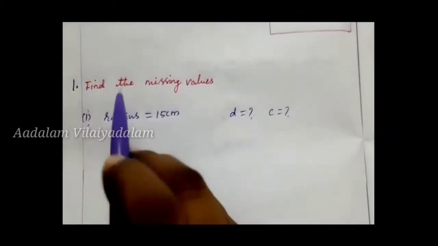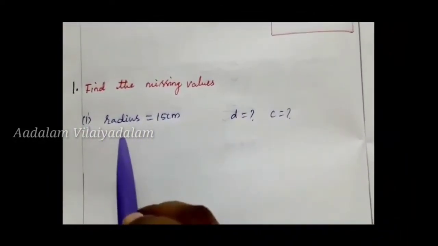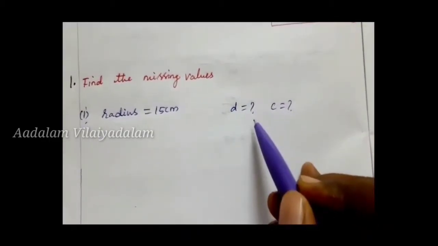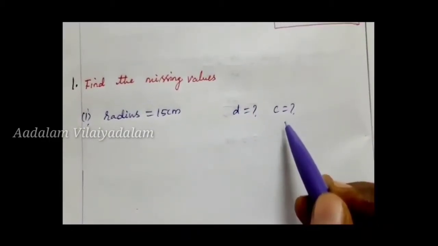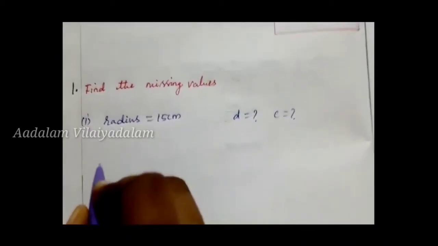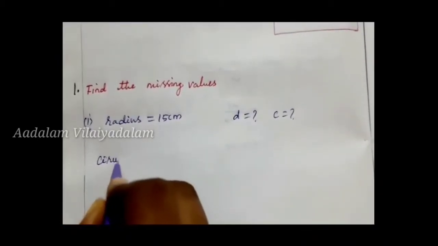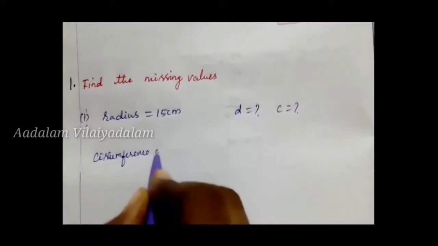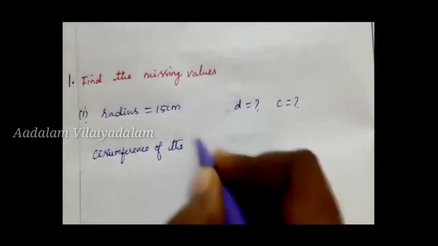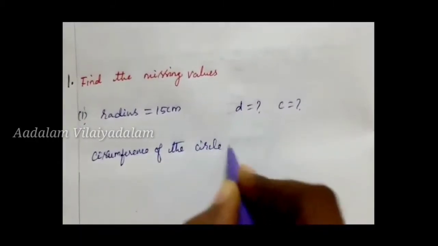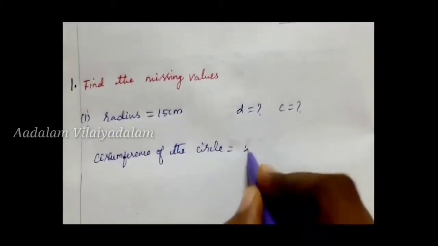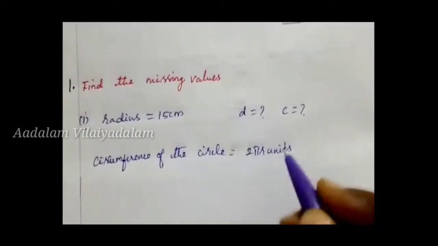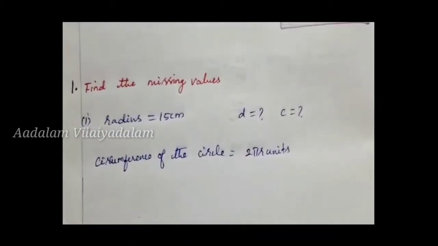In the first question, the radius, 15 centimeter, is given. We need to find the diameter and the circumference. We know the formula, that is circumference of the circle equal to 2 pi r units. We can use this formula when radius is given.